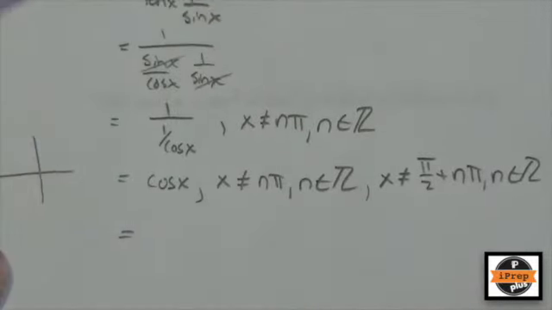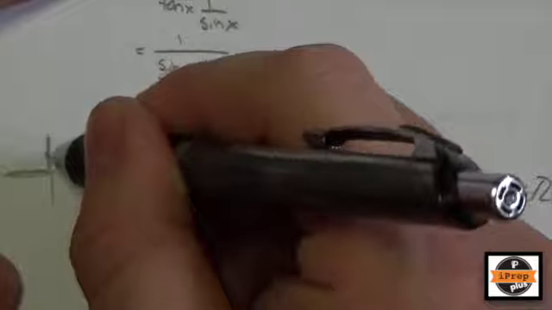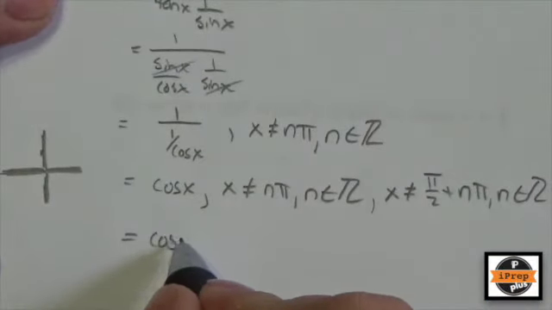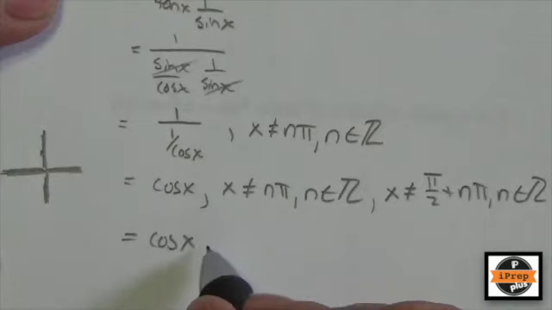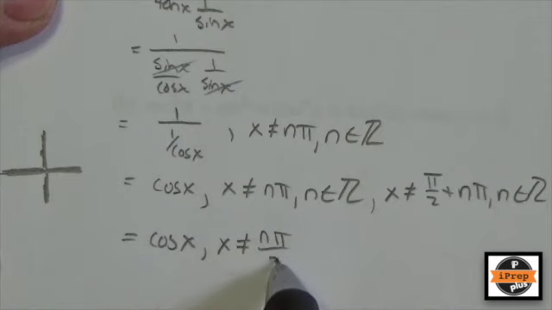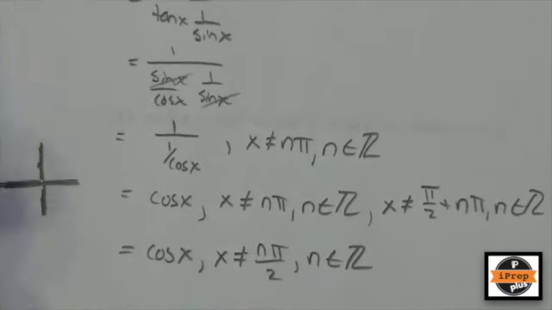If you look at the coordinate plane here, I'm saying that the angle can't be here or here. It also can't be here or here. So really what I'm saying is that that expression is equal to the cosine of x, where x cannot be any multiple of pi over 2, where n is an element of the integers. And so that's my final expression. That's what that is equivalent to.